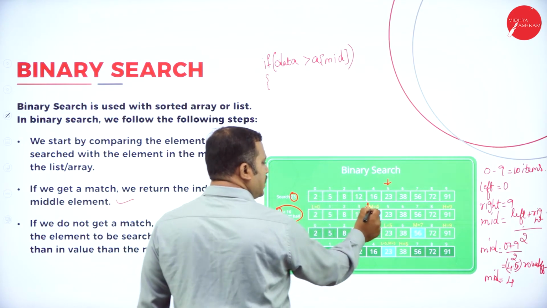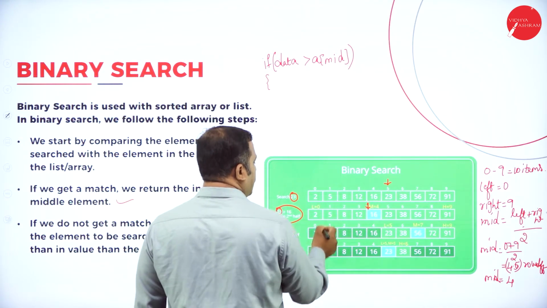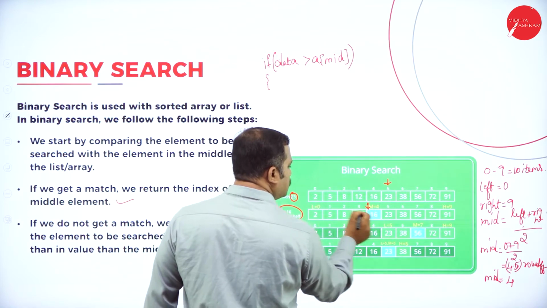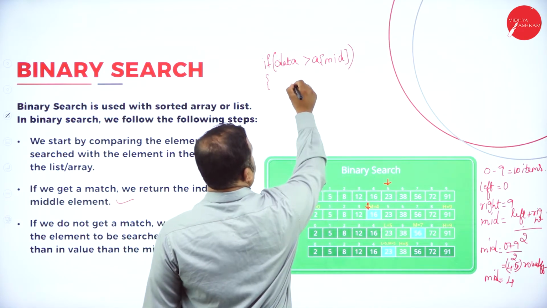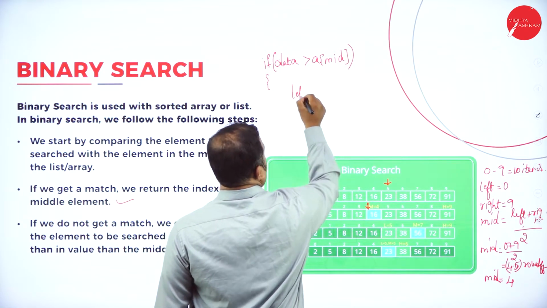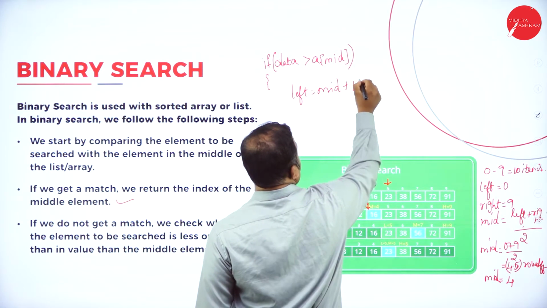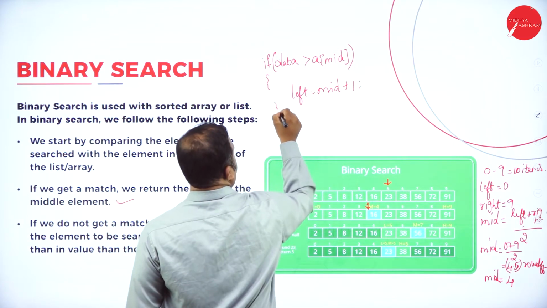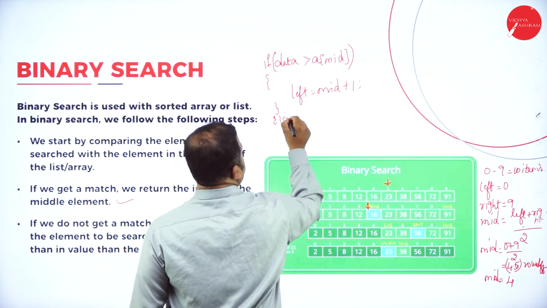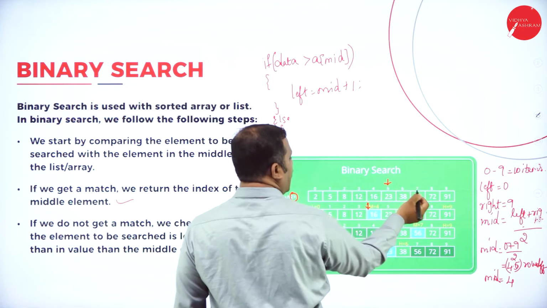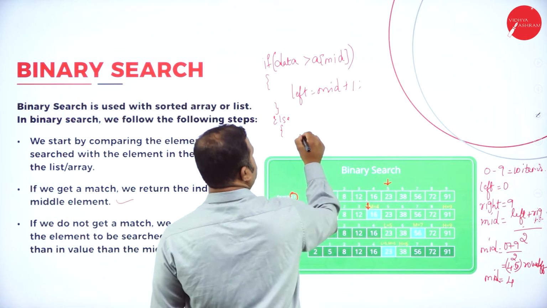I will shift the left from here to mid plus 1 location. Left is equal to mid plus 1. Else, right is equal to mid minus 1.